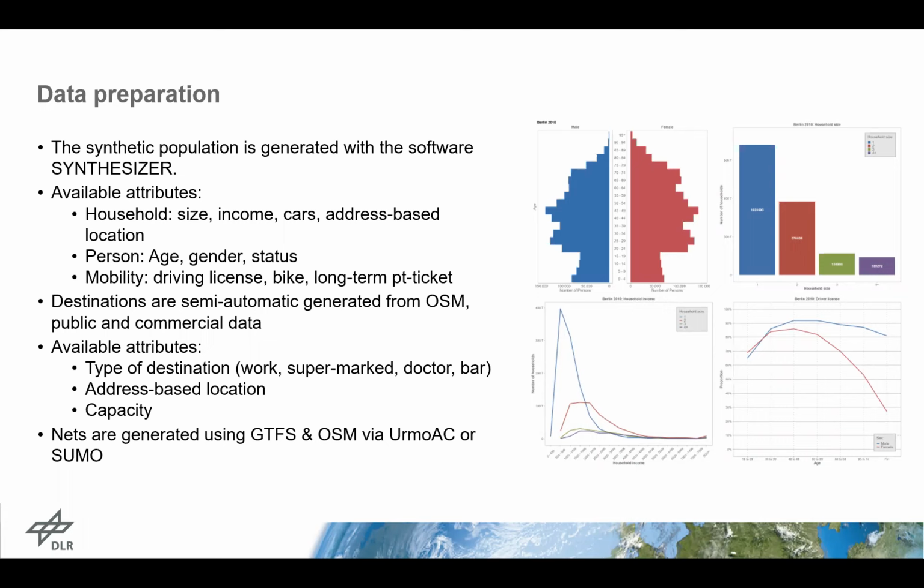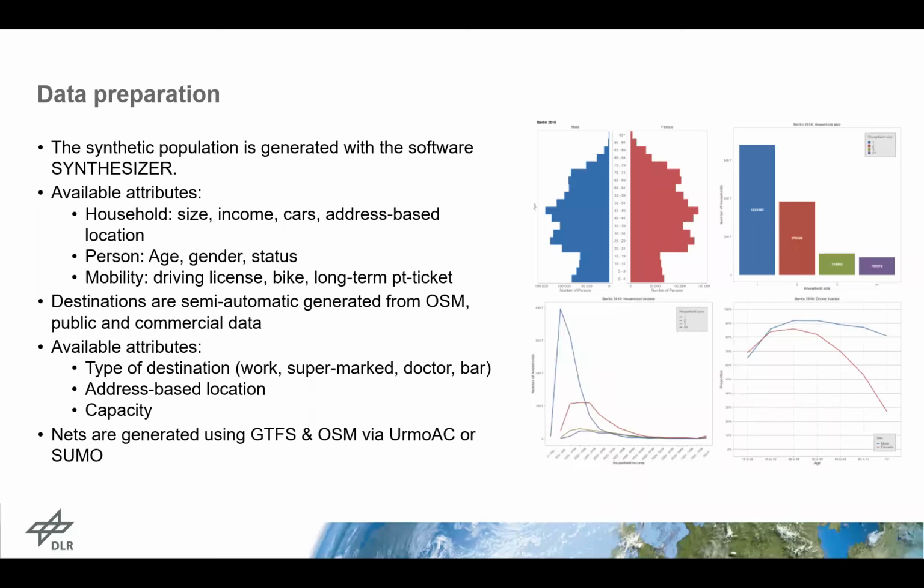We then come out with a number of households, and every household has, of course, a size, income, cars, and an address-based location. So TAPAS on an internal level works at address-based granularity. Every household consists of different persons with age, gender, status, and every person, of course, has some mobility attributes like driving license, bike availability, long-term PT tickets, and some other stuff. But those are the basic attributes.